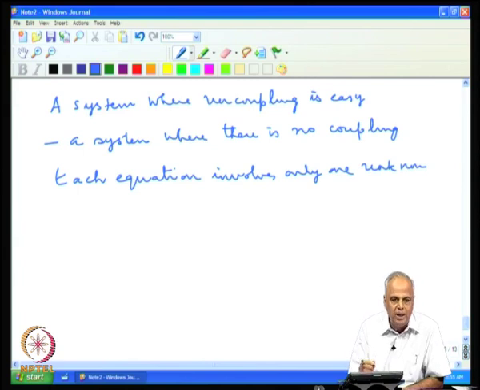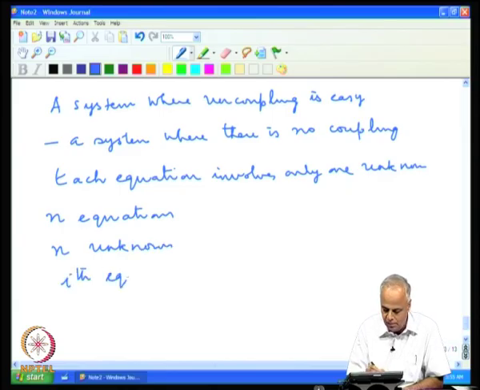So, let us make it clear that there are n unknowns, we have n equations, and the ith equation involves the ith unknown.